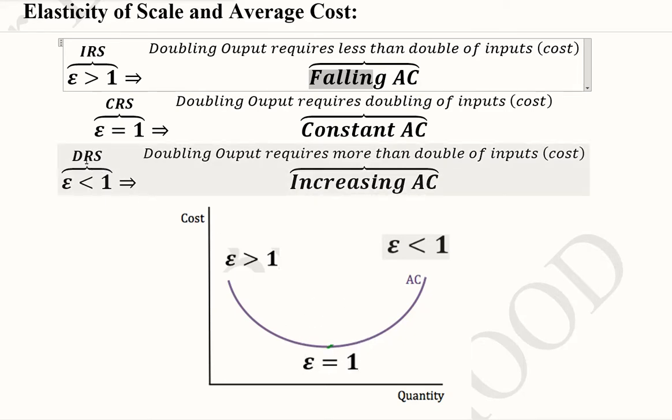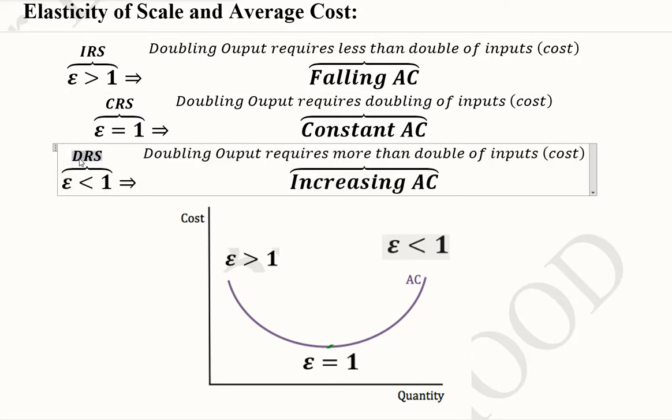Now the final option is that the elasticity of scale, or epsilon, has a value less than 1. It means that we have decreasing returns to scale, which is an unfavorable situation where if we want to double the output, we have to use more than double the inputs. It means that the cost would be more than the double that we have been doing before.